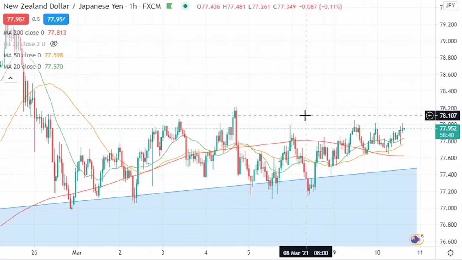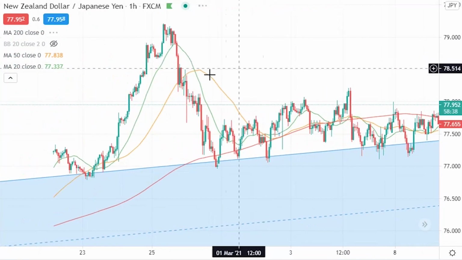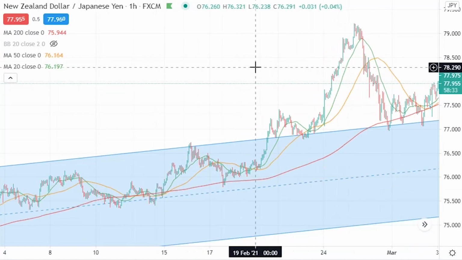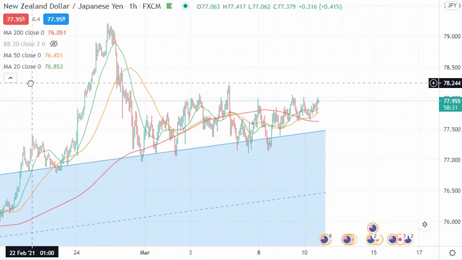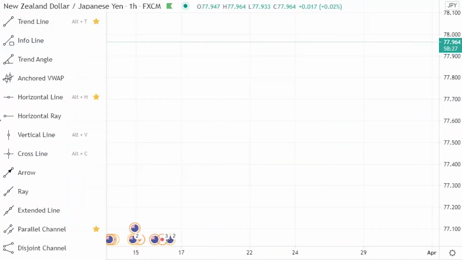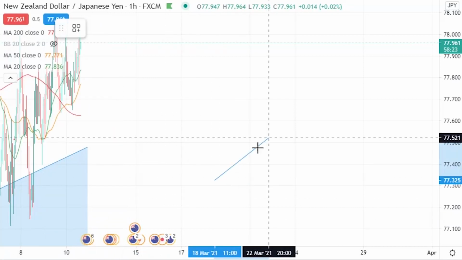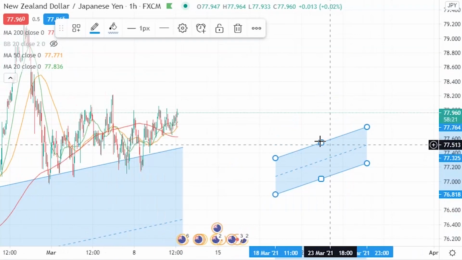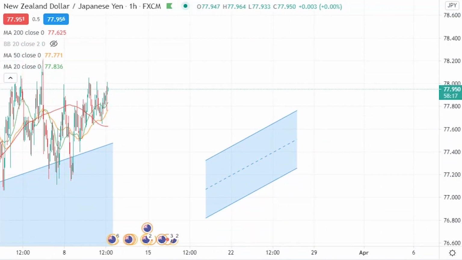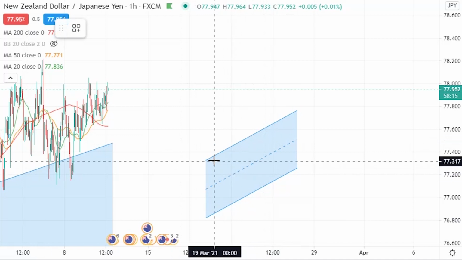All right, some technical issues, so pardon the weird little skip there. But we're going to move on to the same idea, but in an angled fashion. So I'm just going to draw, if I can find it, a parallel channel. What we're looking for here is basically the same thing.